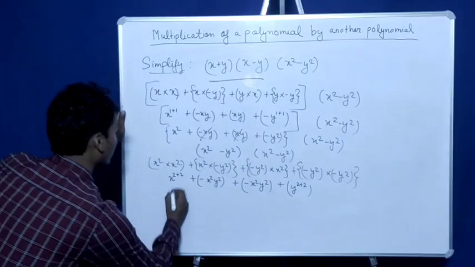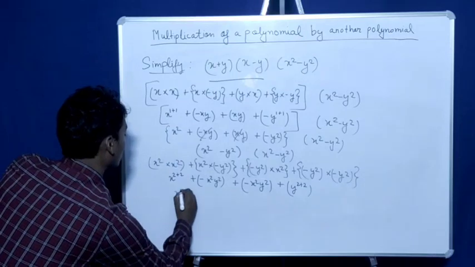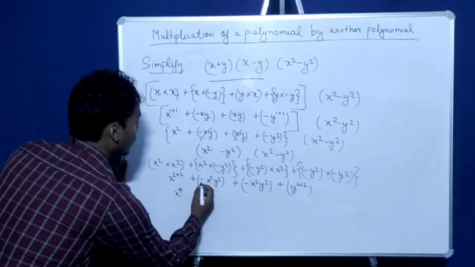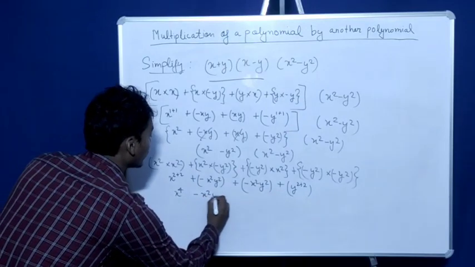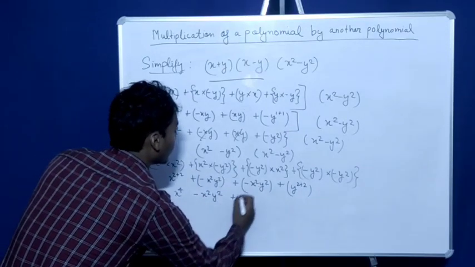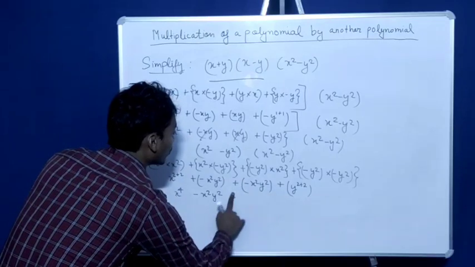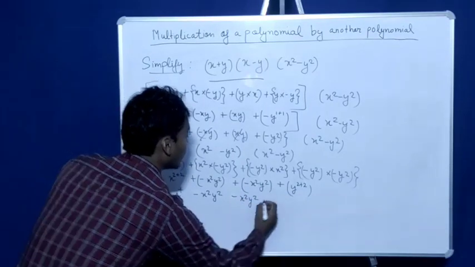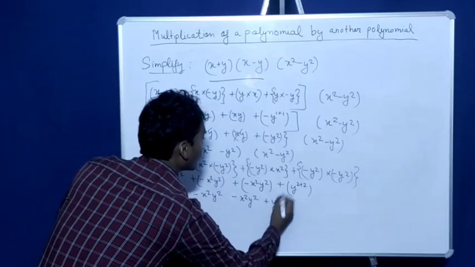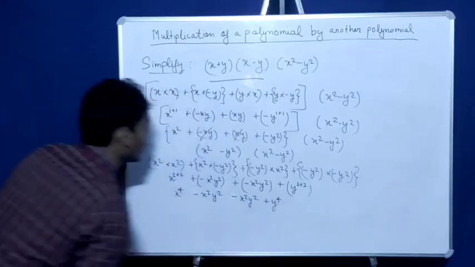Okay, so here we have x raised to the power 4. Here we have negative and positive, so negative x square y square, plus again negative and positive, so it will become negative x square y square, plus y raised to the power 2 plus 2, that is 4.